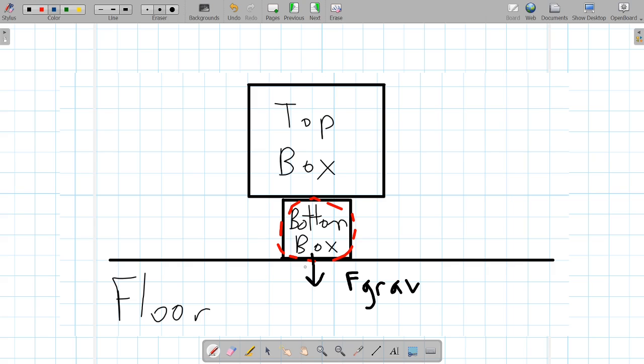So there's a normal force from the top box pushing down on the bottom box. And then there's also a normal force from the floor pushing up on the bottom box.